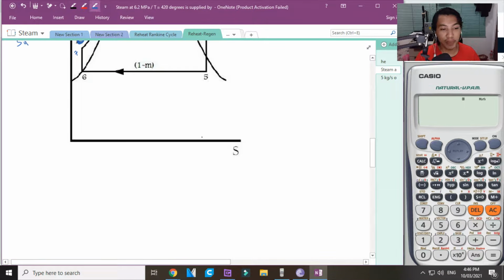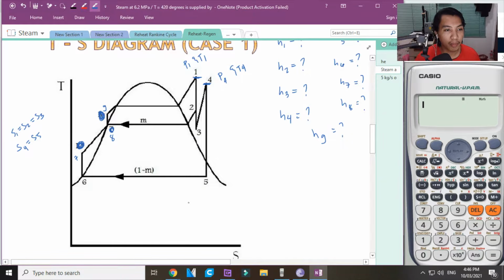So for the determination of the entire process, for all the enthalpies, H1 is equal to H at pressure 1 and temperature 1. Anong pressure niya dito? The pressure is at 6.2 MPa.